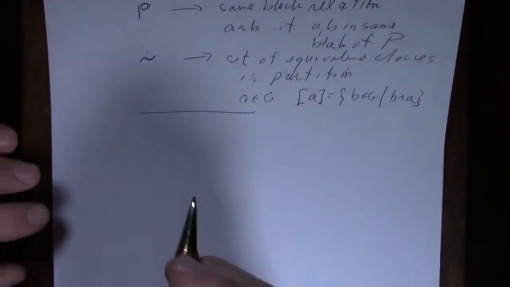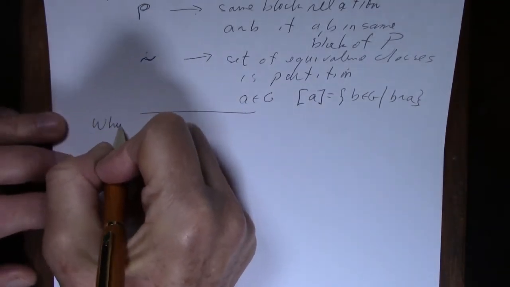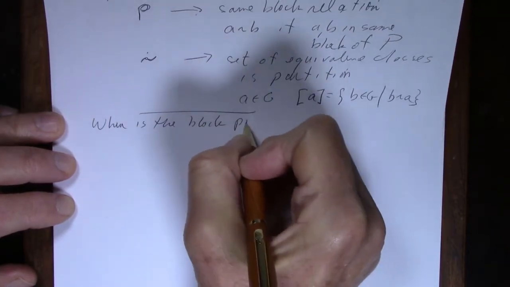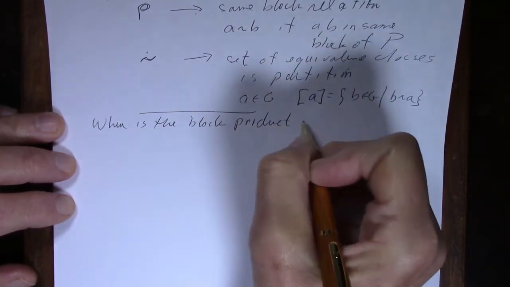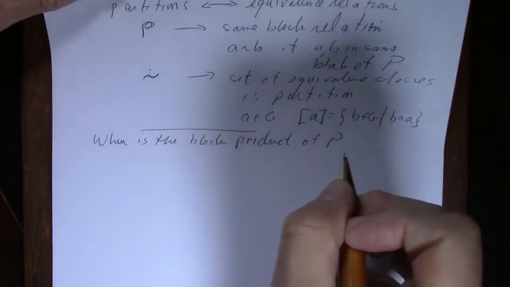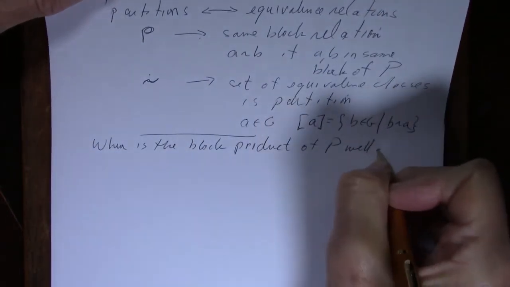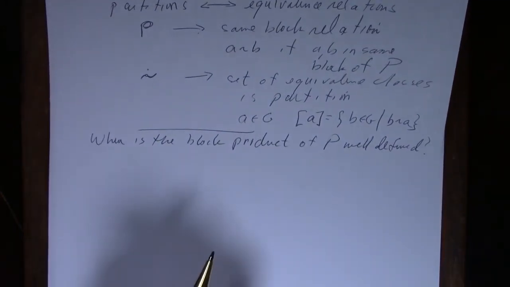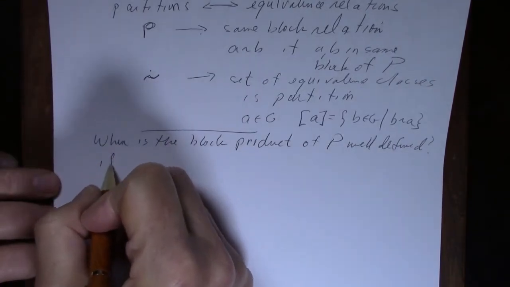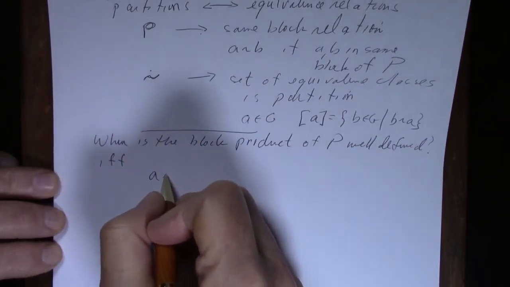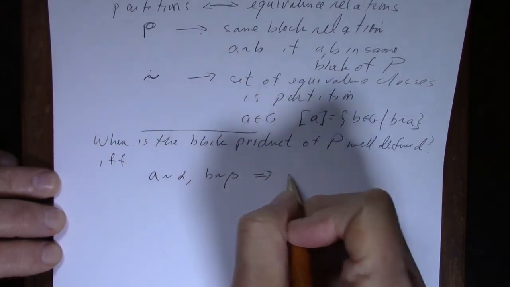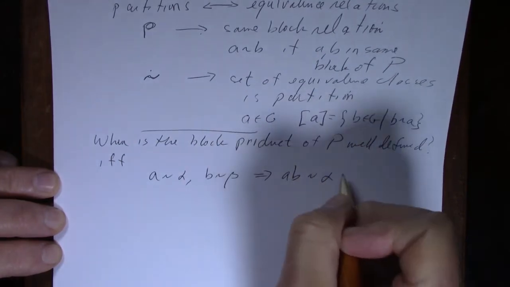So, back to this question, when is the block product of P well defined? Well, the answer is if and only if A is related to alpha, B is related to beta, implies AB is related to alpha beta.